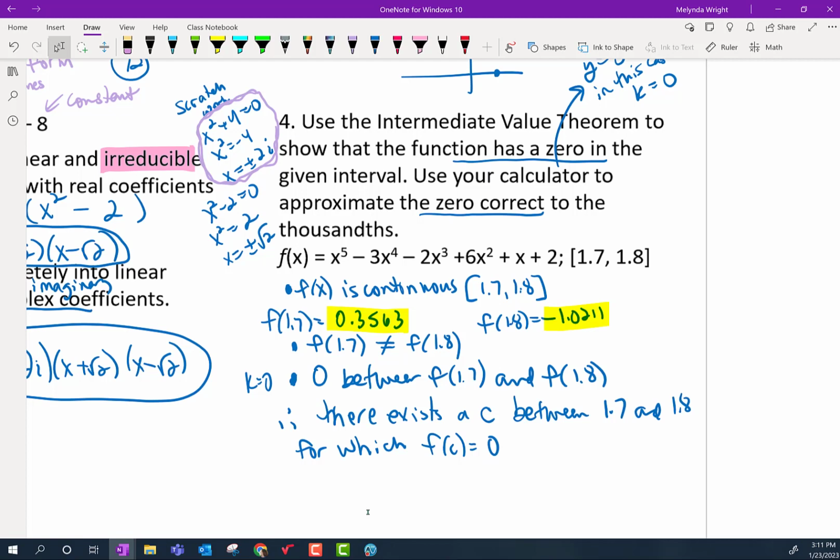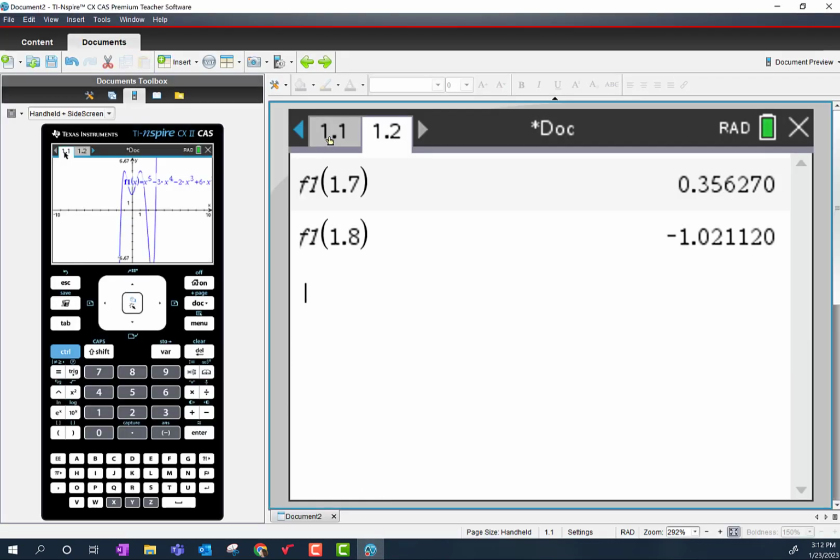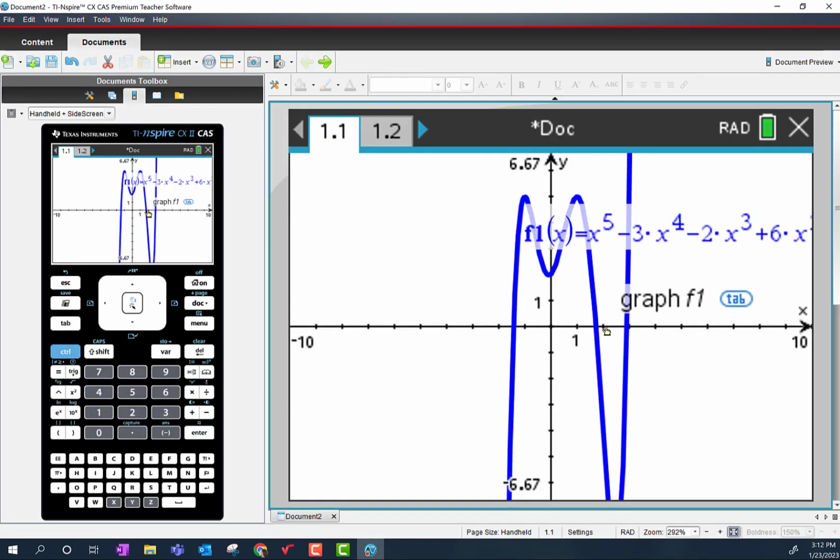Okay, now it wants us to use our calculator to actually find that number, find the 0. The 0 that's between 1.7 and 1.8. So let's go to our calculator, go to our grapher. So here, this looks like the 0 right here. That's between 1.7 and 1.8. So this is the one I need to find.